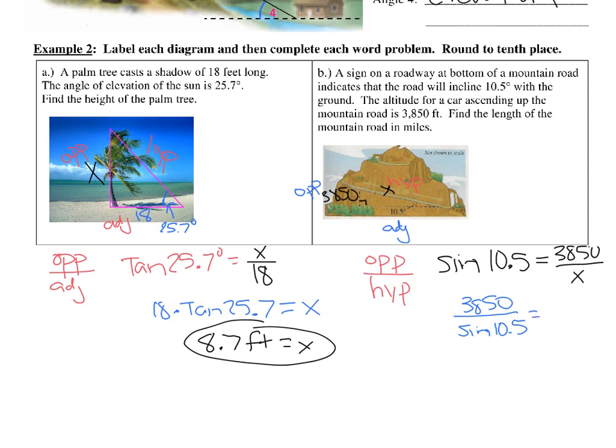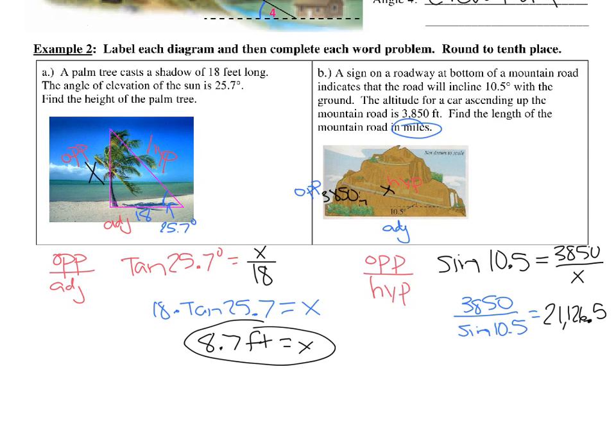And when we work that out, the answer is the length of the mountain road in miles is what they want. Oh, they threw a curveball at us. They say miles, and my answer right now is in feet. I got 21,126.5 feet, which now we need to convert into miles because they wanted it in miles.